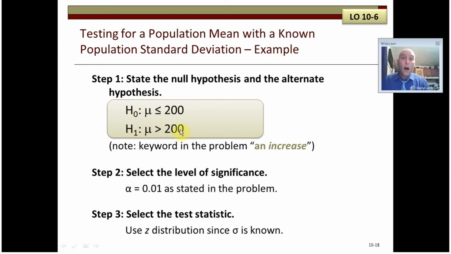If you draw, as I recommend, drawing the normal curve every time you execute one of these problems, the direction that the inequality in your alternate hypothesis points will tell you which side the tail is on. In this case, mu greater than 200 points to the right. I'm going to put my tail for our directional hypothesis on the right. We state the level of significance. That hasn't changed. We still use z because sigma.